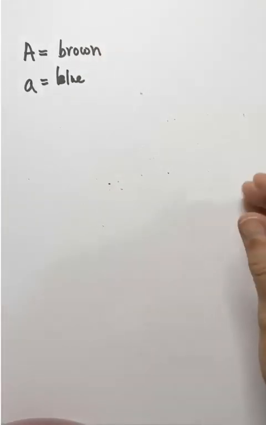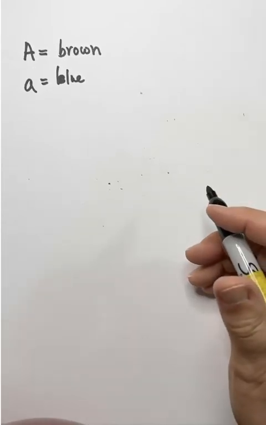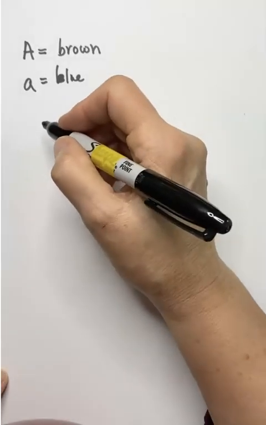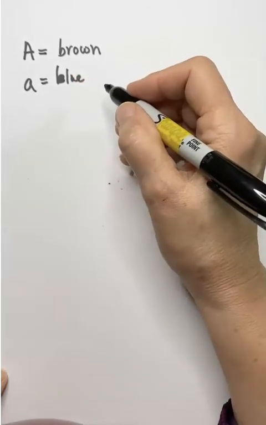Okay? So now you have two parents, right? Say they both have brown eyes. Let's see how their children are going to turn out. There are a couple of ways that we can look at this.